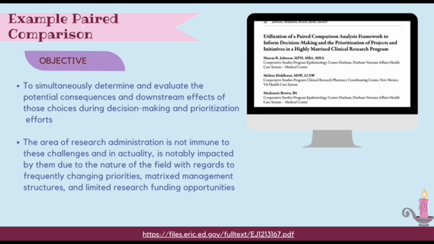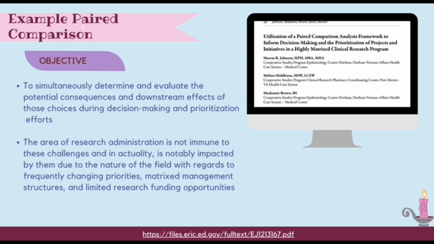This is an example from a case study for paired comparison. The first objective is to simultaneously determine and evaluate the potential consequences and downstream effects of this choice during decision making and prioritization efforts.